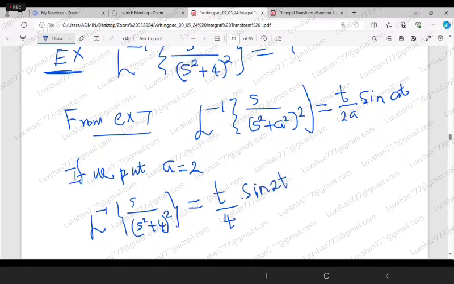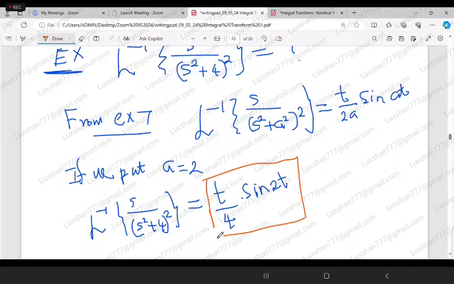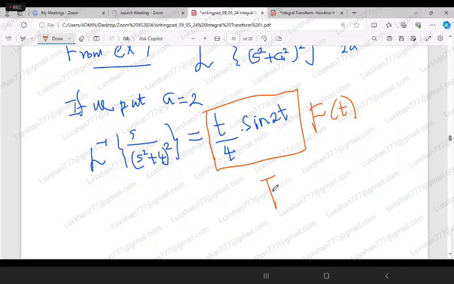Isn't it sine 2t? So now if you take this as your f(t), then obviously we know that f(0) equals 0.